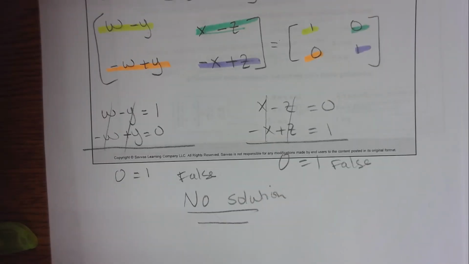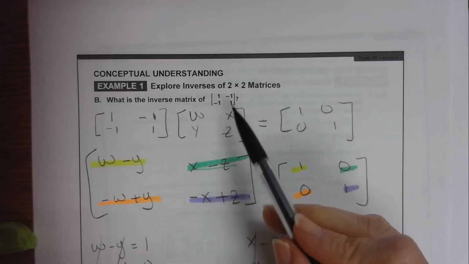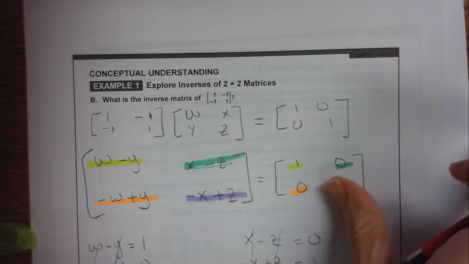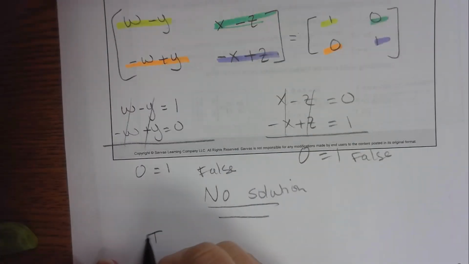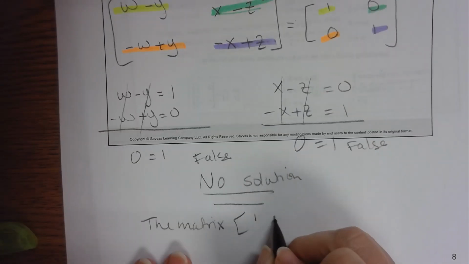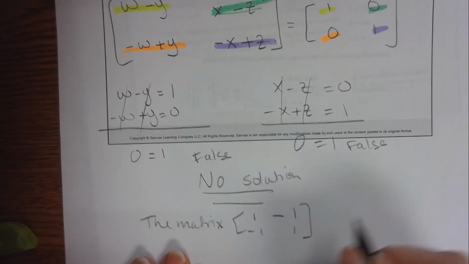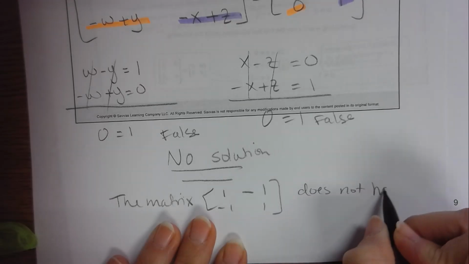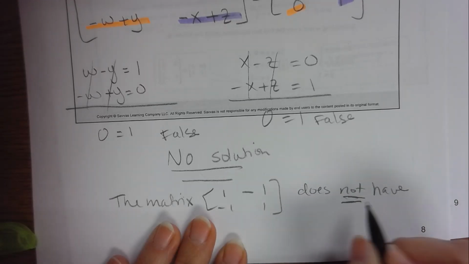This means that this matrix is not invertible. The inverse does not exist. Okay, so the matrix 1, negative 1, negative 1, 1, the original one, does not have an inverse.